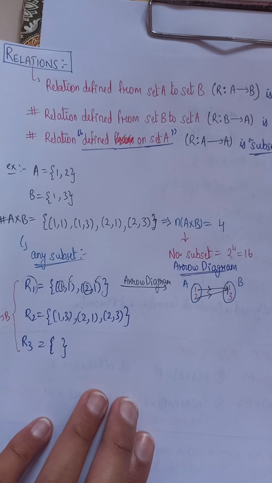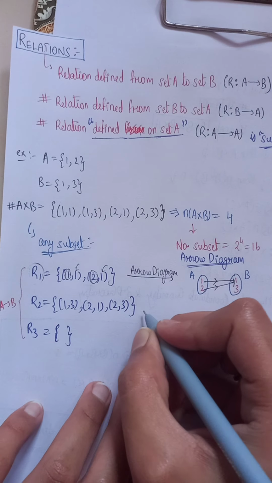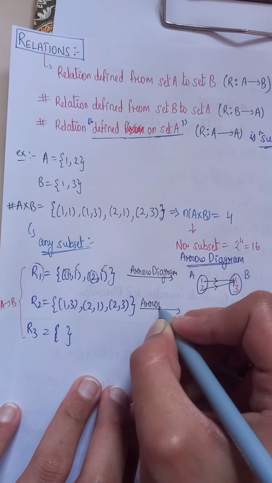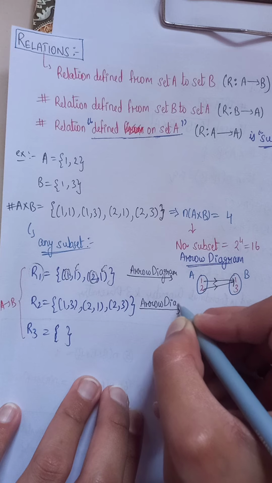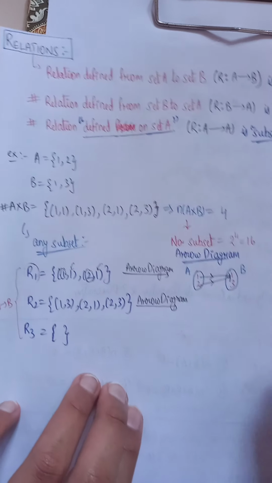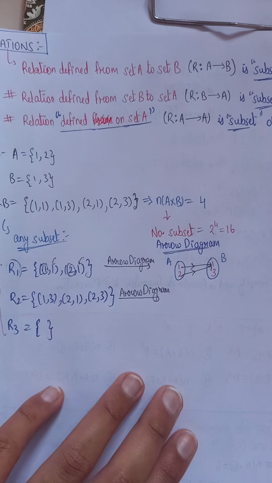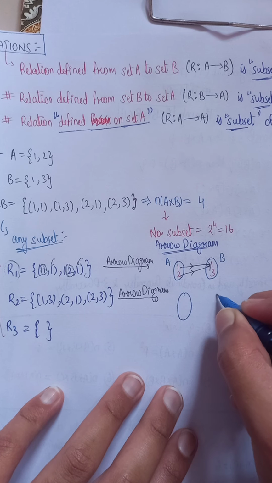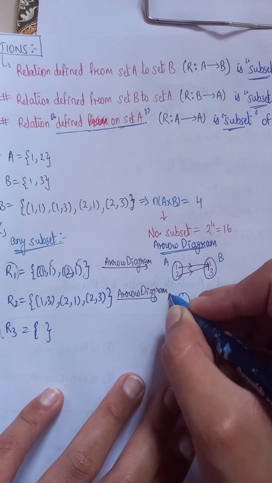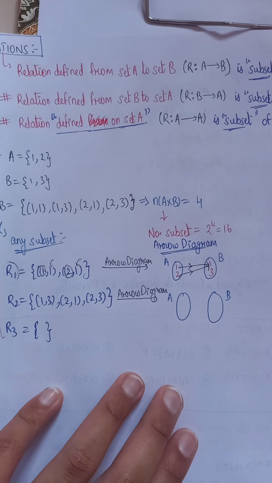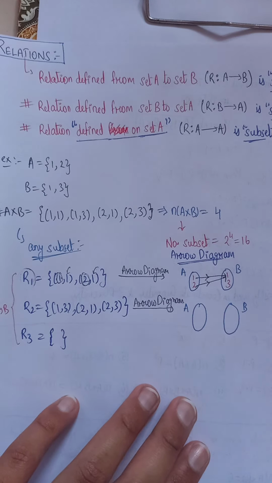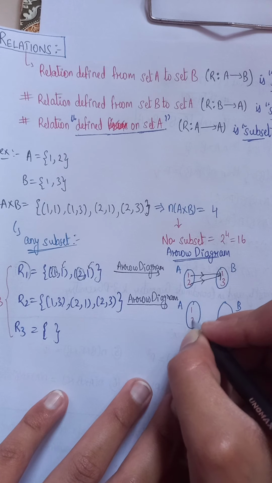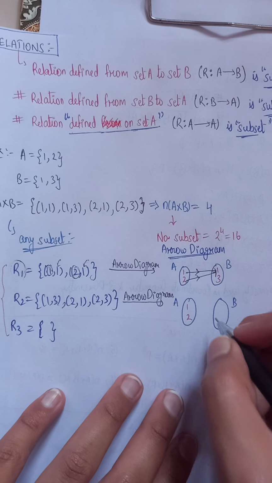I'll make it clearer by drawing the arrow diagram for this too. For the arrow diagram, write set A and set B, and write the elements under each set. You should not write 1, 2, 2; just see what the elements under set A are: 1, 2, and set B: 1, 3.